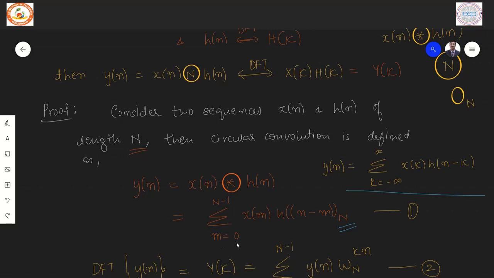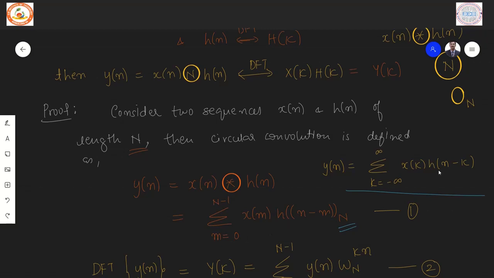But here the limit is between 0 to N minus 1. Since we have a limited, finite sequence which is periodic with period equal to capital N, it is sufficient that you consider the points between 0 to N minus 1. It is repeating, so that is enough.